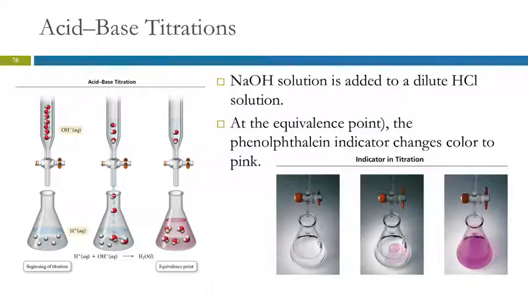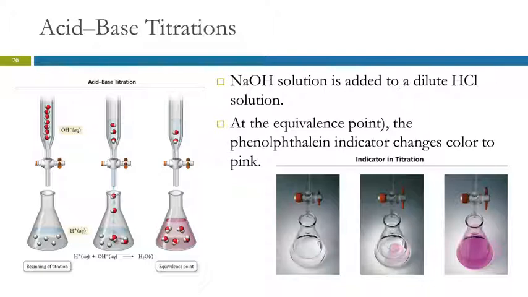You want to go to just barely turning pink, because if you keep adding it, it'll just get darker pink. But then we call that overshooting the end point, going past the end point. We would like the end point, which is where the color change occurs, to be at the equivalence point.